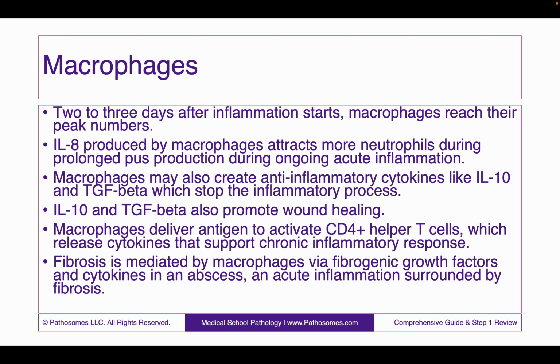Macrophages deliver antigen to activate CD4 helper T cells, which release cytokines that support the chronic inflammation response. Fibrosis is mediated by macrophages via fibrogenic growth factors and cytokines, with an abscess in acute inflammation surrounded by fibrosis.